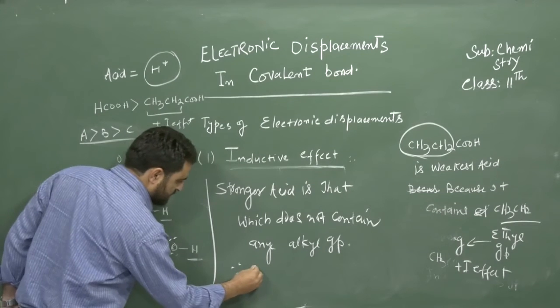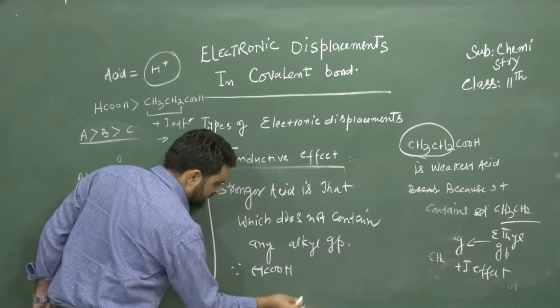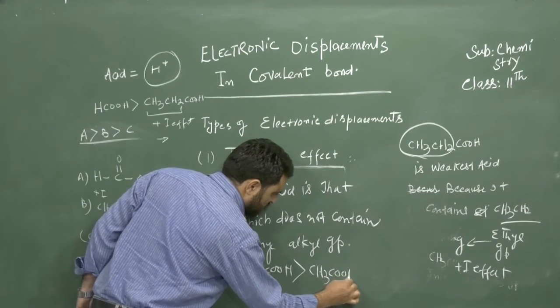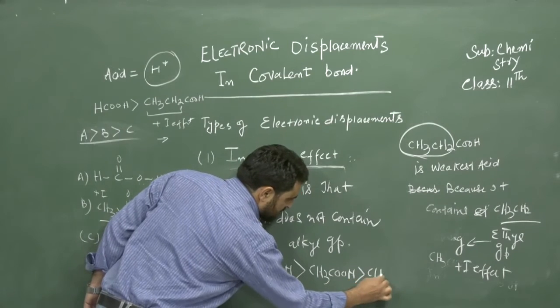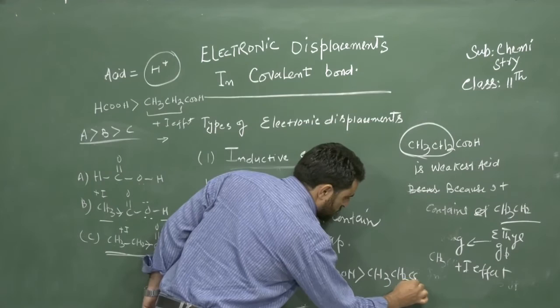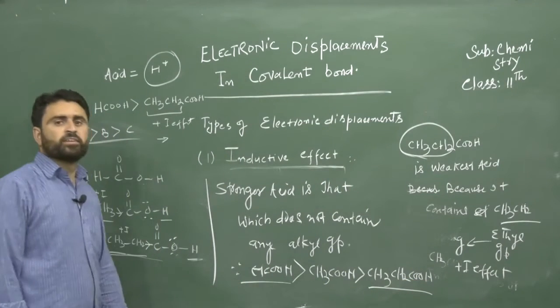Therefore, the order is: HCOOH is the stronger acid, then CH3COOH, then CH3CH2COOH. This is the weakest acid. This is the strongest acid.